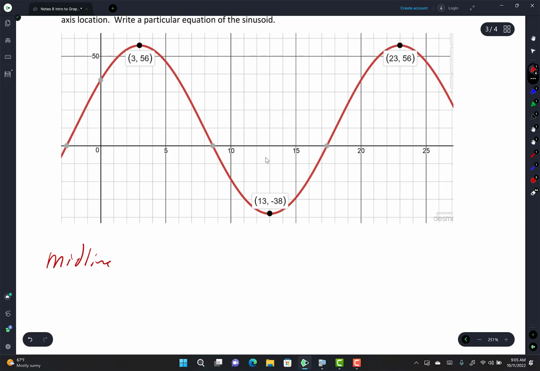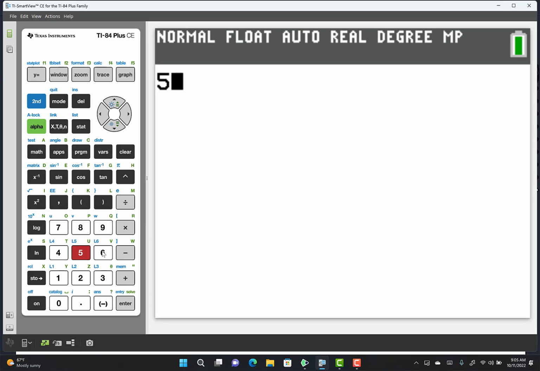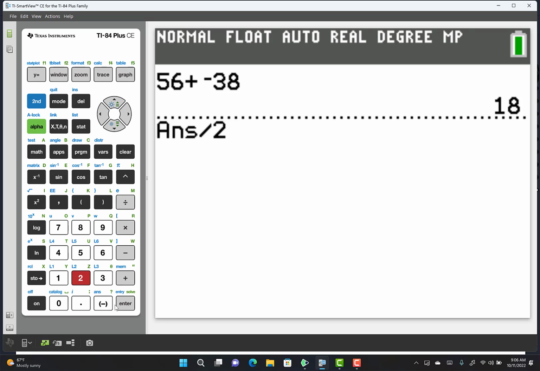The maximum is at 56, plus the minimum is at negative 38, and divide by 2. So I take my calculator, 56 plus a negative 38, or 56 minus 38, it's the same thing. Enter, divide by 2, enter. My midline's at 9.